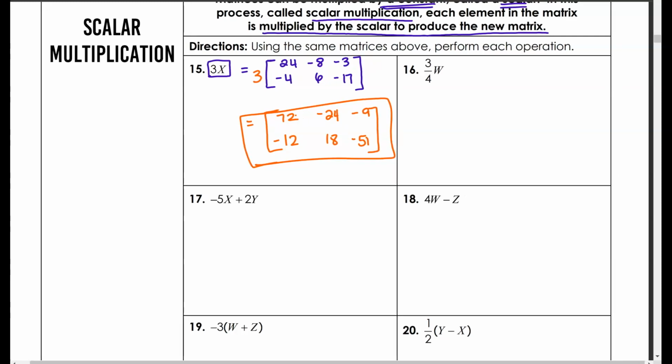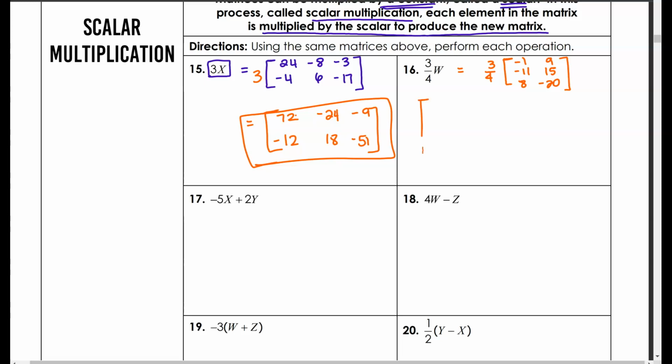Okay, let's look at the next one. And 3/4 of W. So 3/4 times W. Now W was negative 1, negative 11, 8, 9, 15, negative 20. When we do the scalar multiplication, that means we're taking that fraction and multiplying it by all the W's.